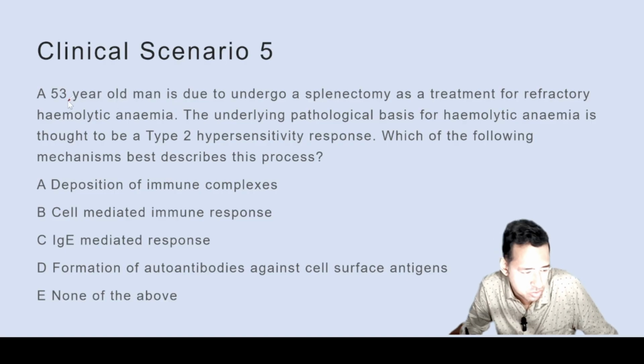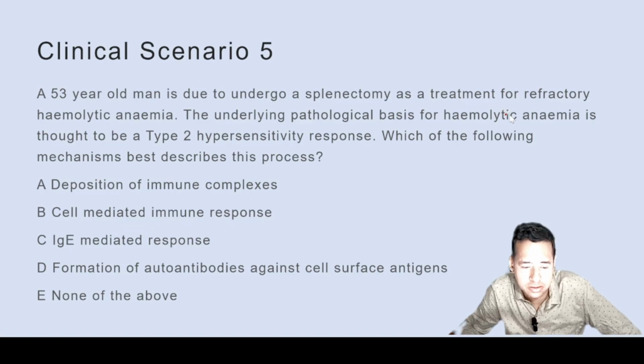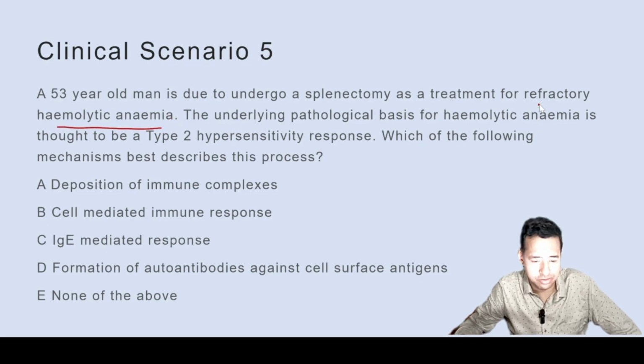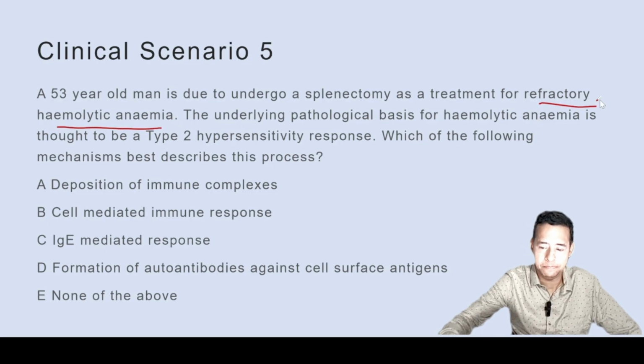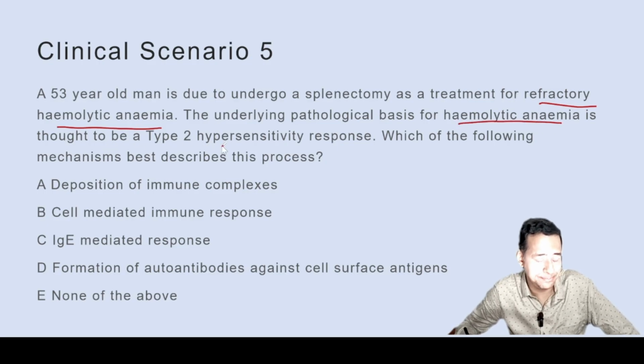Here a 53-year-old man is due to undergo a splenectomy as treatment for refractory hemolytic anemia. Okay, here you have to underline this. This is important. The underlying pathological basis of the hemolytic anemia is thought to be a type 2 hypersensitivity response.